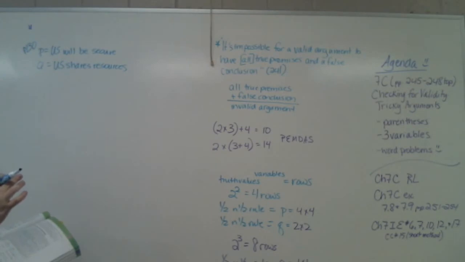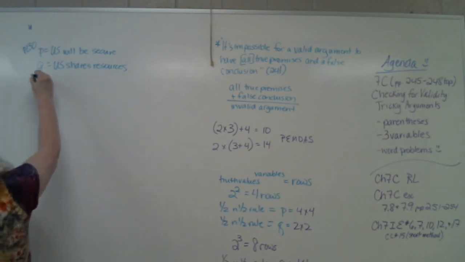And I have that in the second one, it will share, only if doing so will not significantly reduce American standard of living. Every time I choose my variables, I want my variables to be in the positive form, so no nots.